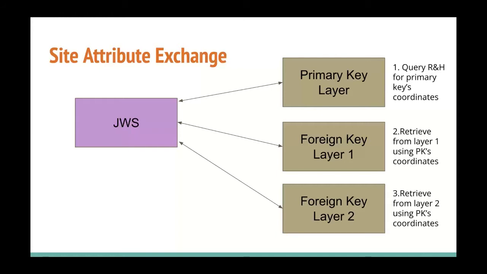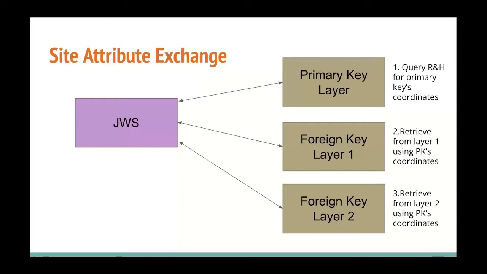So for example, let's say you have a site ID in Jackalope, and you also have a layer in roads and highways that has site ID in it. We first query site 1111 in roads and highways and determine that 1111 is at this particular coordinate. Once we have that coordinate, we can then go to all your other layers, like the functional class layer, and say, oh, what functional class is at this coordinate, and we can pull down that functional class.